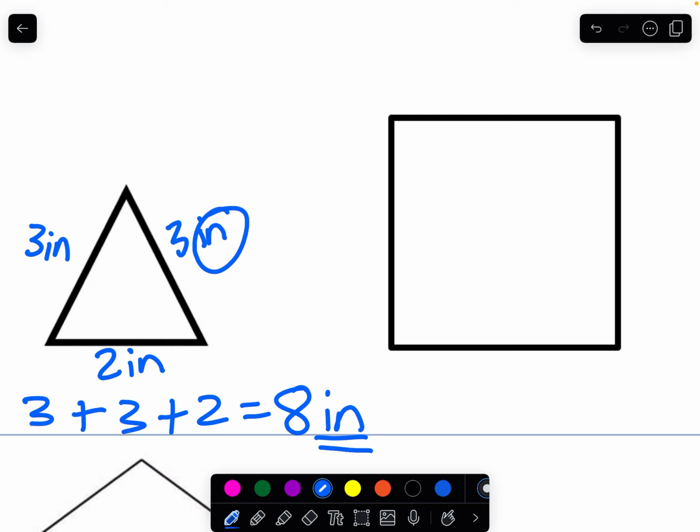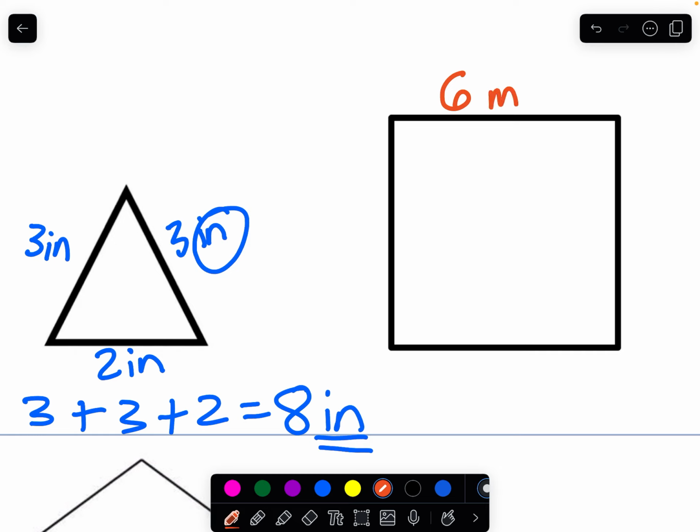Now, taking a look at our square here, a square is really interesting because all the sides are the same length. Let's pretend that the only information I have about this square is that one side is 6 meters, okay?